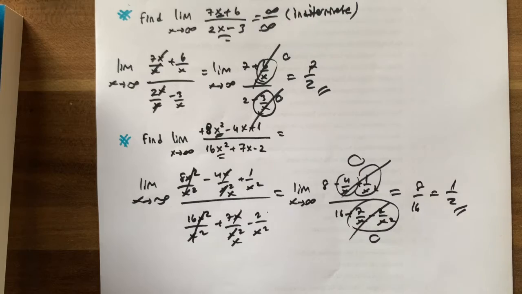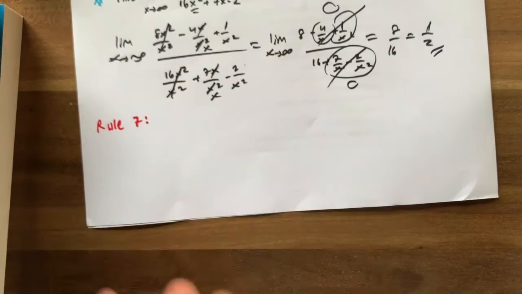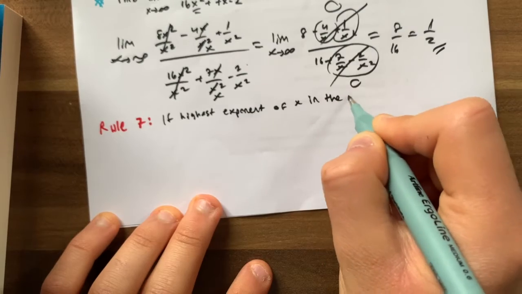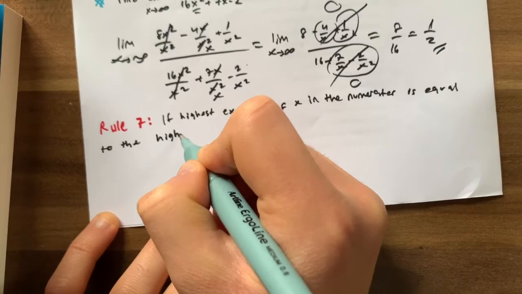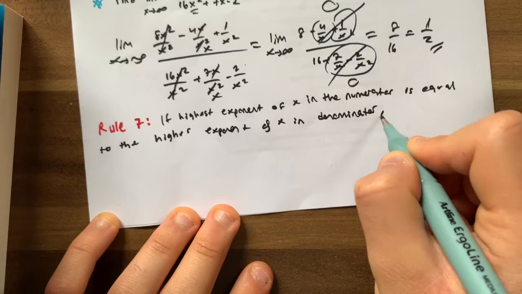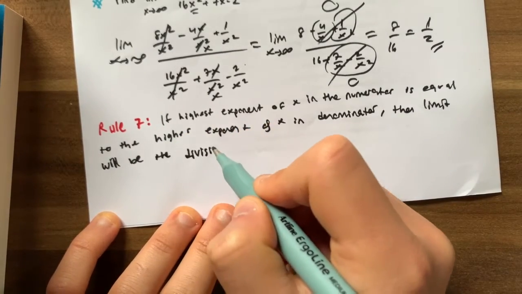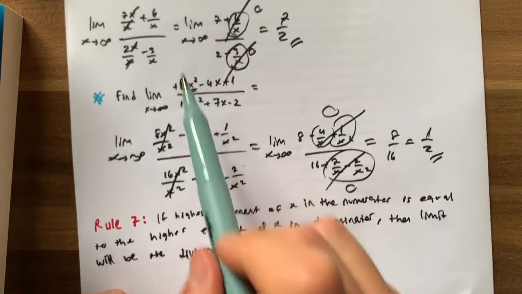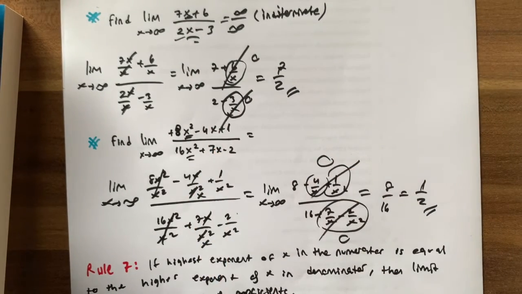So we have a rule over here, so let me write the rule. As you see here and here, the result is the division of the coefficients of the highest exponent.